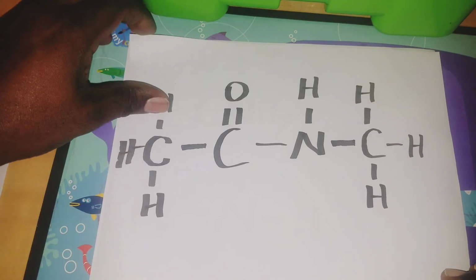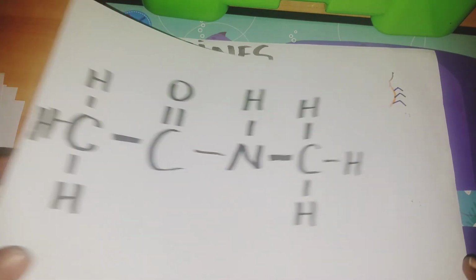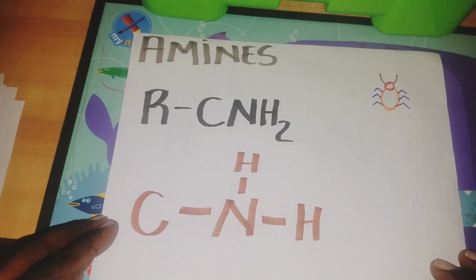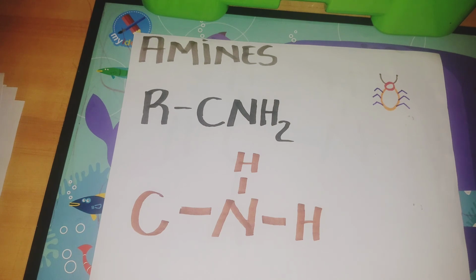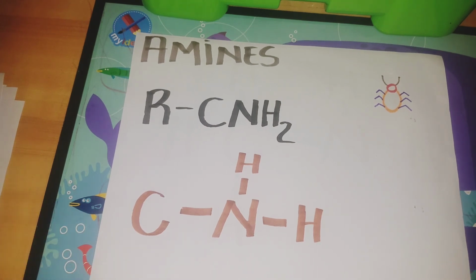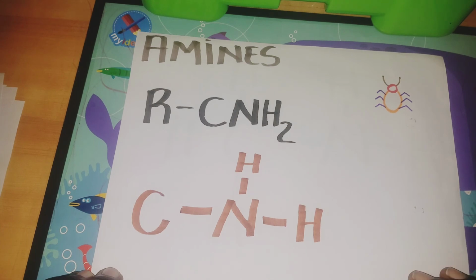The next class of organic compounds, which I believe is our last, are the amines. Now, if you work in a lab, you know that amines have very foul odors. I'm telling you, these things can produce some very foul, pungent odors, which are not pleasant at all. But anyway, enough of that.